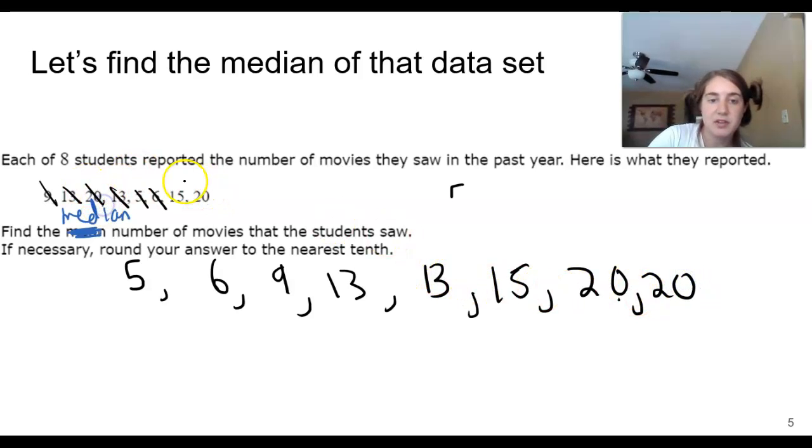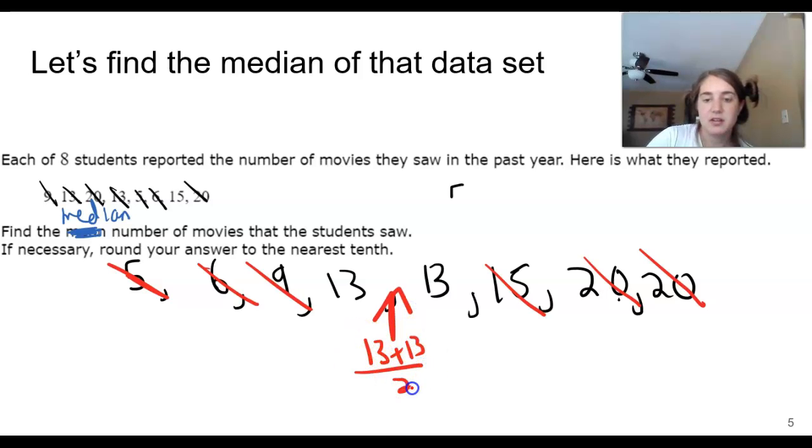Yeah, that's my 8 of them. I want to find the middle. The middle of 13 and 13 we know is 13. So my median is 13.